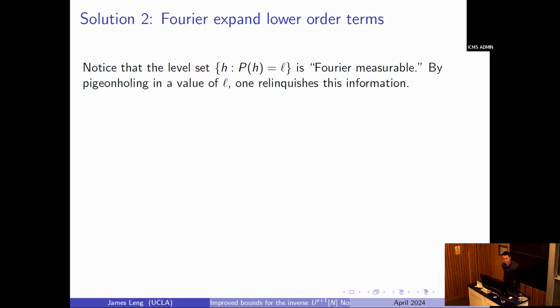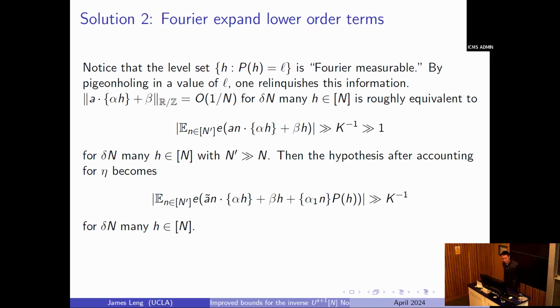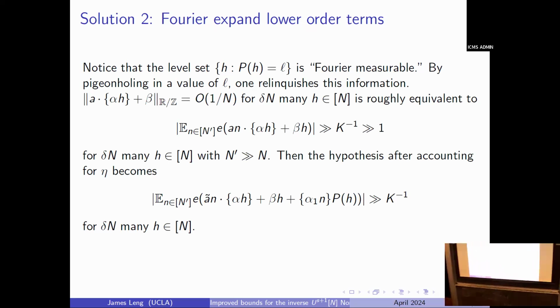The indicator function of these level sets you could describe in a bounded number of Fourier coefficients. And if you pigeonhole in one of these level sets, this relinquishes this information. So here's one way to exploit this information. It's the way I found.